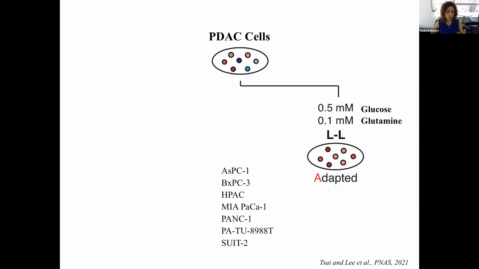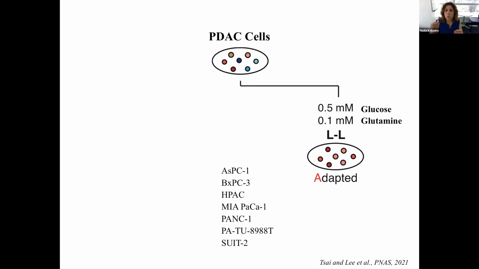Of course, I stressed on the fact that now it is very important to study cancer metabolism in a physiological context. So if it's not in vivo, you could perhaps mimic that by lowering the levels that we use in standard tissue culture to those that are present in the human serum. However, these may not accurately reflect the microenvironment of the tumor, because the tumor has much less access to these nutrients.